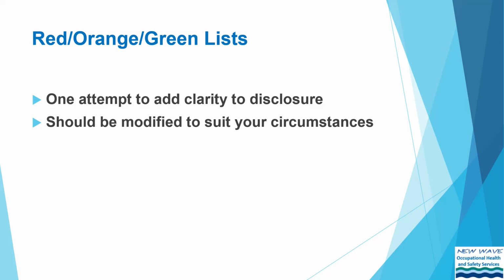So the red, orange, green lists are just examples of how one group tried to help its members with the concept of disclosure. The lists are neither exhaustive nor unchangeable. You should feel free to add, delete, or modify the entries as you will.